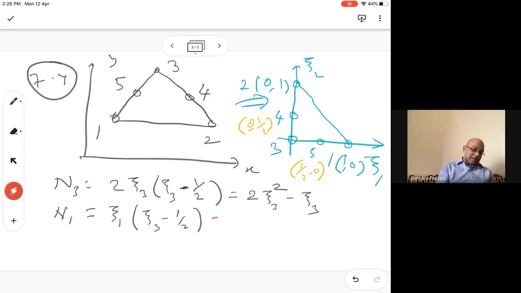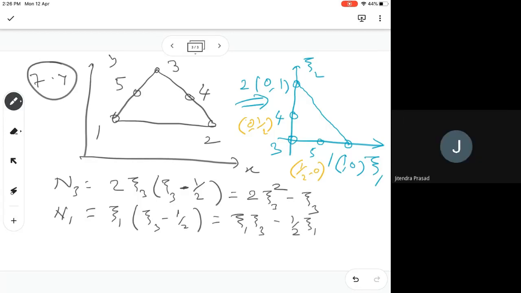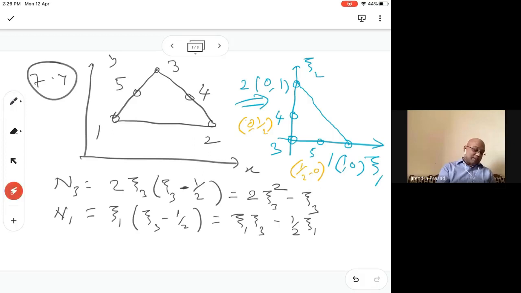In this case, this becomes xi1 xi3 minus half xi1. Now, similarly, let me again read the question as well.